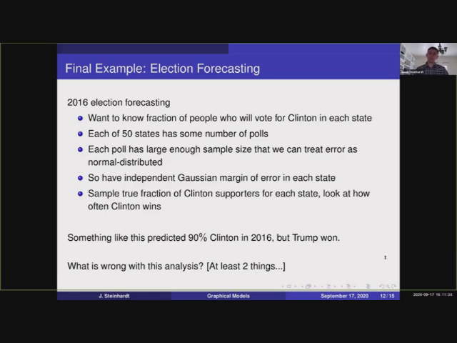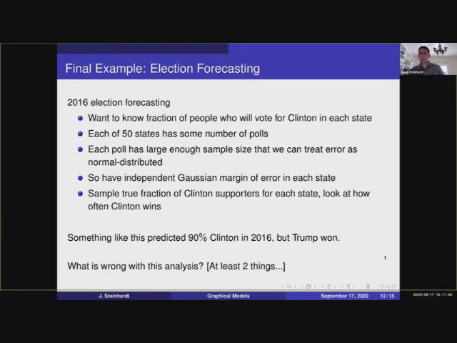In fact, pollsters try to correct for this bias. Most polls are not based on just the raw sample. They reweight the sample to try to account for these biases. But even after you do that reweighting, there's still going to be some bias left over.